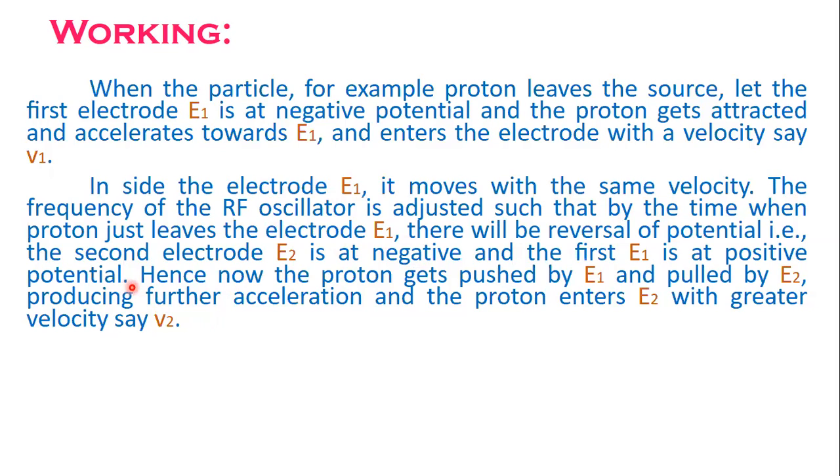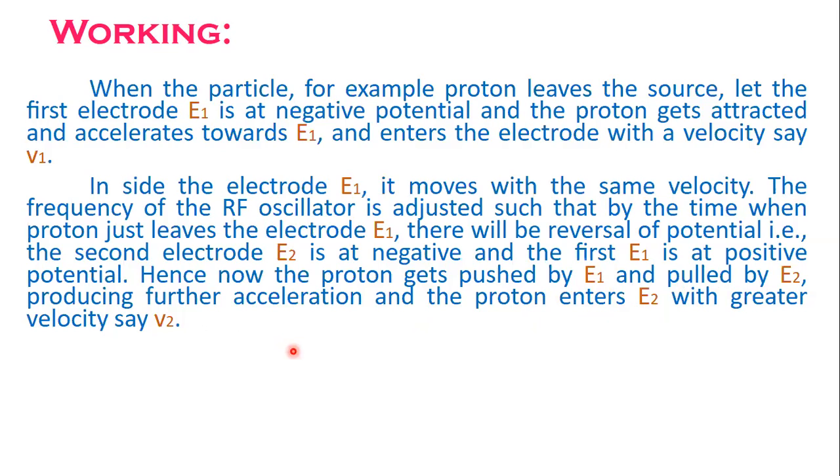As soon as the proton enters the gap between E1 and E2, it gets repelled by E1 and attracted by E2. As a result, it experiences further acceleration and enters the electrode E2 with a greater velocity.